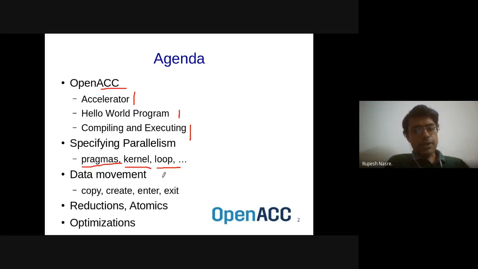There is also something very peculiar about OpenACC, which is data movement, which we did not require in the context of OpenMP, but it is required here, and we'll study all those data movement related constructs such as copy, create, enter, and exit as we move along. Then, similar to OpenMP, we will have the notions of reductions as well as atomics that we are going to study.